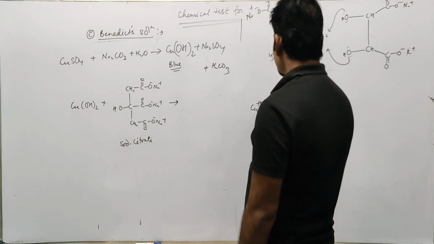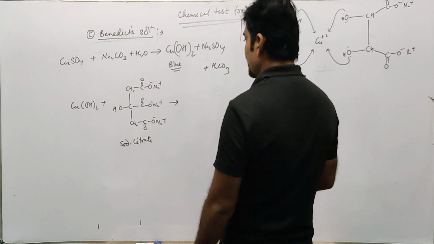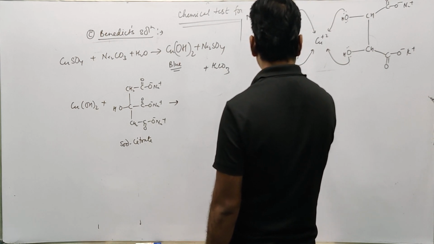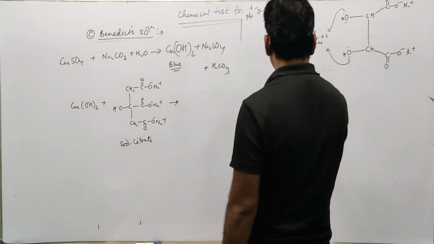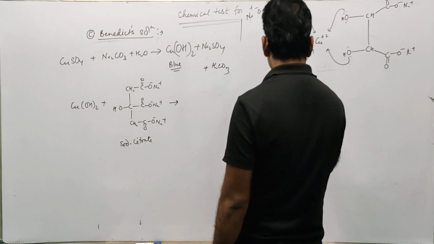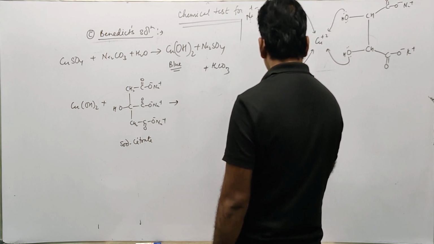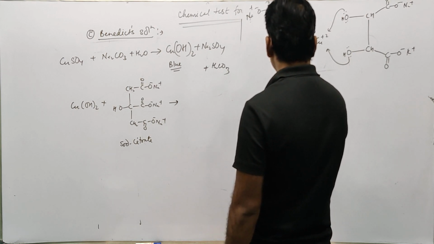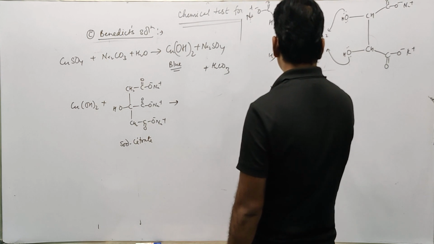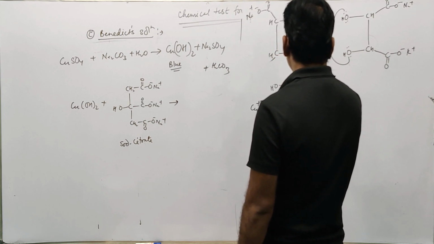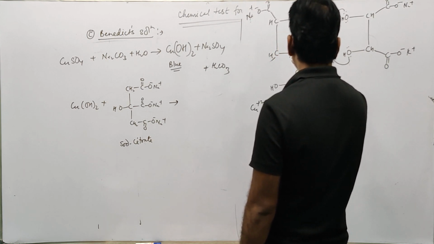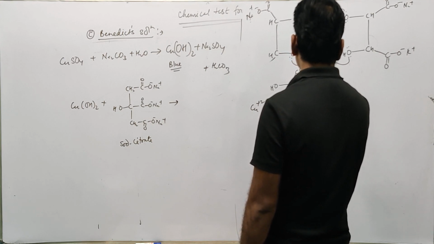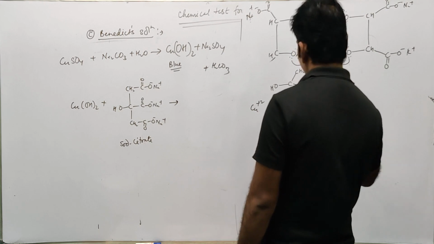So the copper 2 plus ion is there, and over here CH2 C double bond O minus, there is OH. At this place there is CH2 C double bond O minus Na plus.